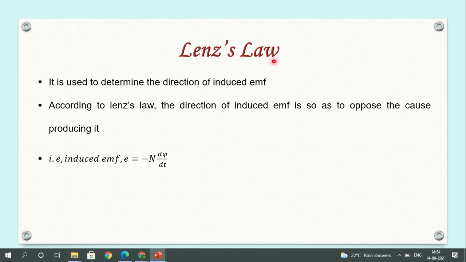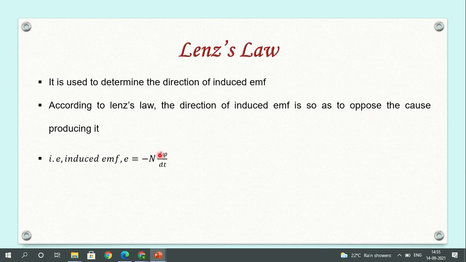Lenz's law gives the direction of induced EMF, and according to Lenz's law, the direction of induced EMF is so as to oppose the cause producing it. The EMF induced in a coil will always try to oppose the cause producing it.